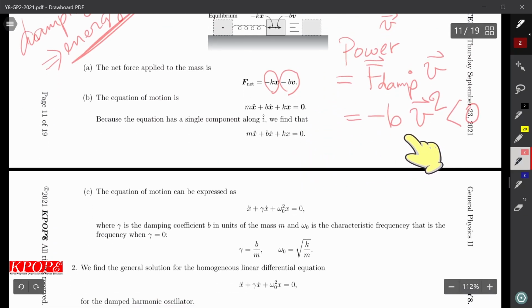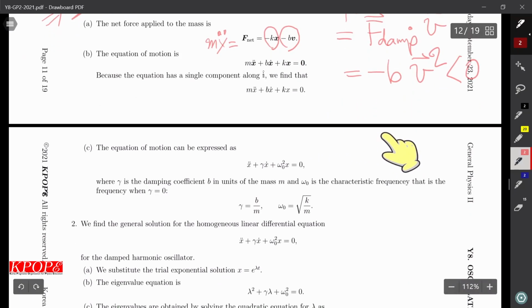Finally, the equation of motion, F equals ma, so m x double dot equals this. This equation becomes m x double dot plus b x dot plus kx equals 0. We rescale this equation by dividing by mass m. Then we have x double dot plus b over m x dot plus k over m x equals 0.